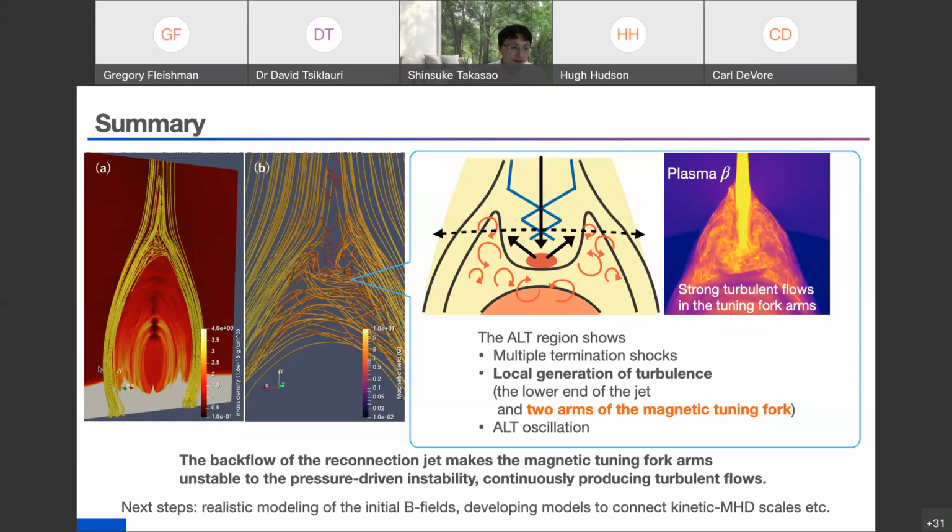Okay, Judy, please go ahead. Sure. Thank you very much, Takasawa-san. They're very nice simulations and a very interesting physical explanation. I was wondering whether you're assuming uniform anomalous resistivity in the third direction, into the plane. Yeah, we assume. Most of the time we think that there's probably patchy reconnection in the current sheet, and that would even add to the likelihood of some sort of turbulence, because you have another dimension of changes.